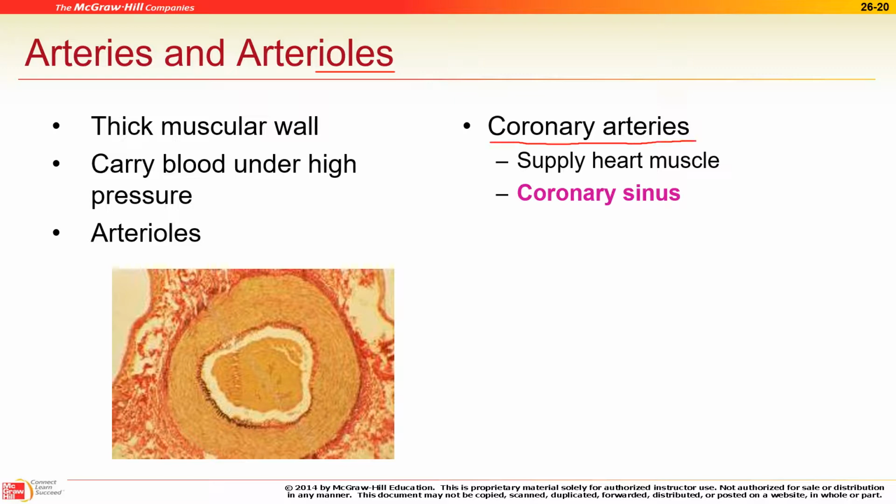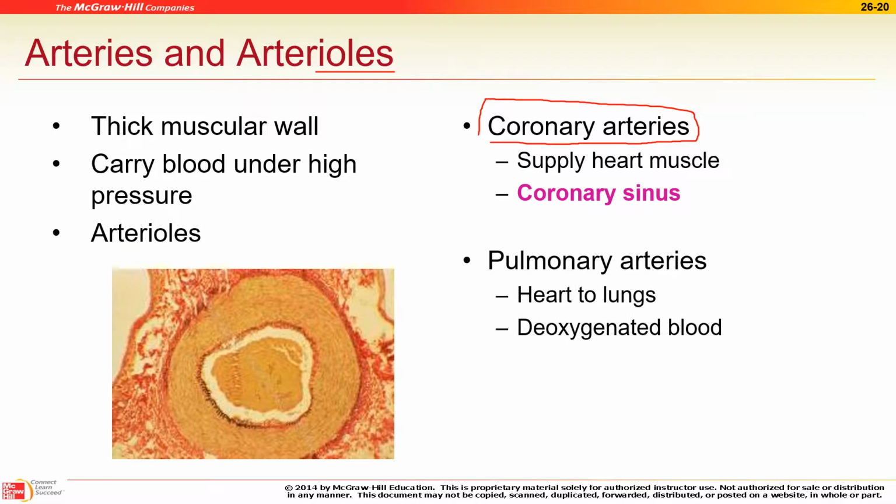Coronary artery. So the heart needs to feed itself. So the first set of blood vessels that branches off the aorta are the coronary arteries. When you get a heart attack, it's these arteries that get plugged up.